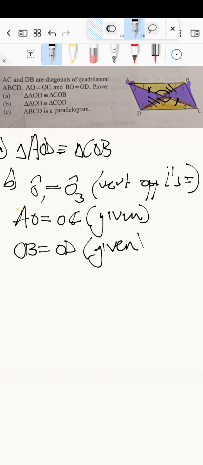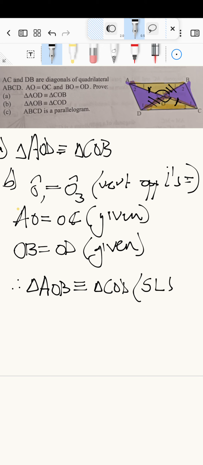So what we have is an angle in between two sides, therefore triangle AOB is congruent, with three vertical lines, to triangle COD. And our reason is side, angle, side. So we've proven our congruency.